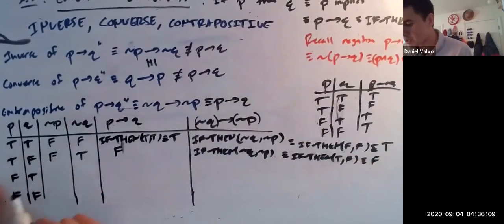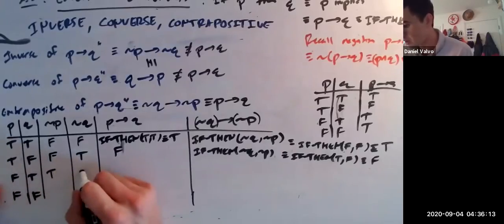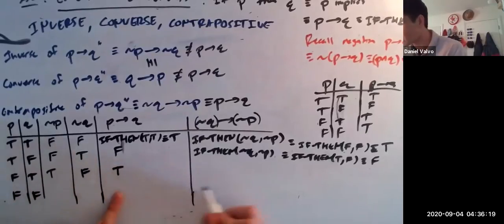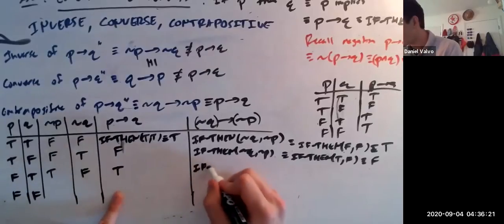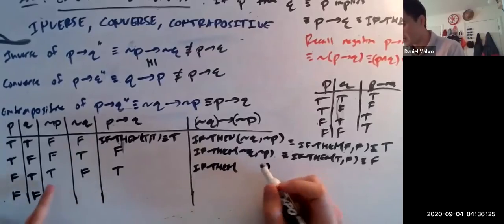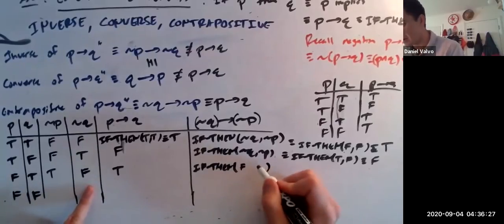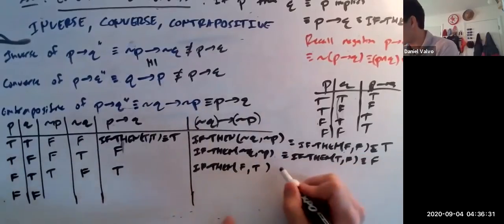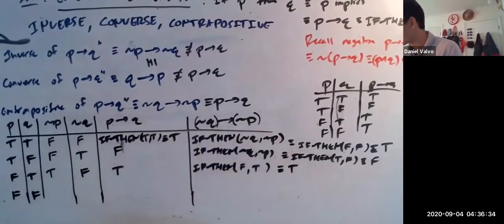In the case where P is false and Q is true, you get not P is true, not Q is false. Since P is false, P implies Q is vacuously true. And then here, this is like if-then, not Q, not P. Not Q is true, not P is false. When you plug a true, false in, you get vacuously true again.